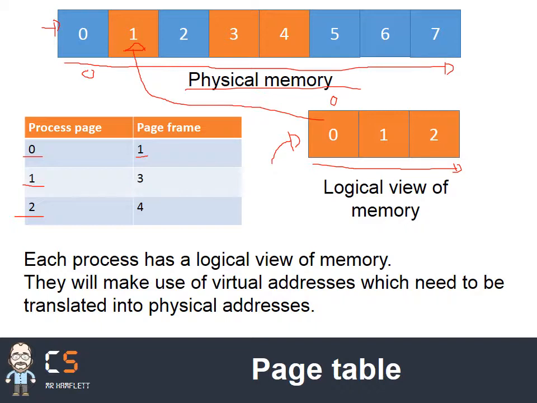The second page, page 1, is stored over here in position 3. And then page 2 is stored there. It's getting a little bit messy, but hopefully you're getting the idea. So the page table is a mapping between where the process thinks a page is and where it really is located in memory.